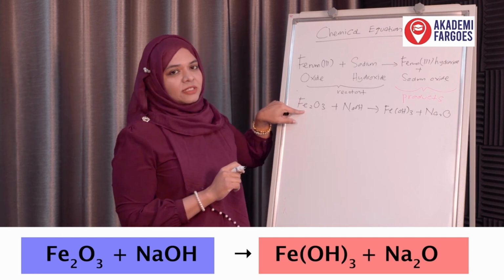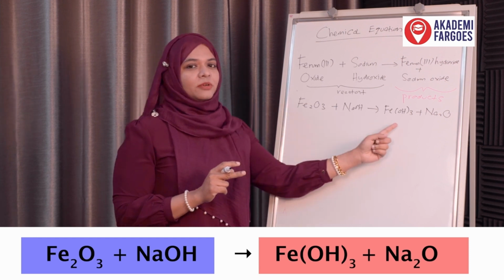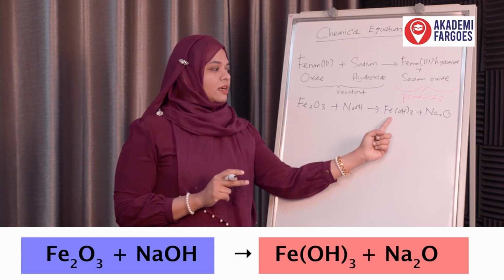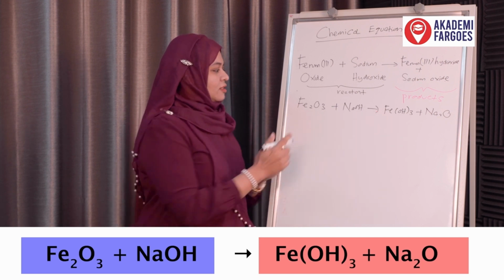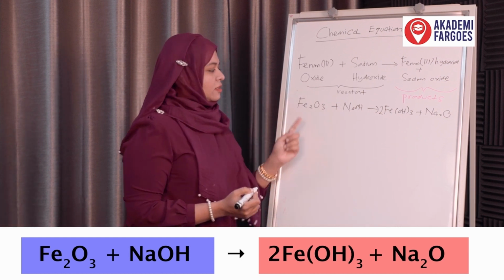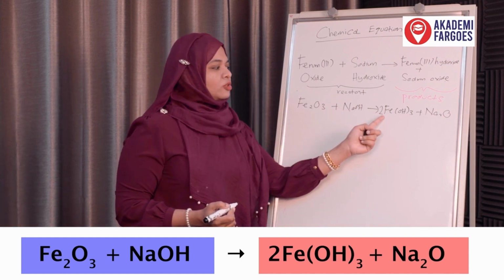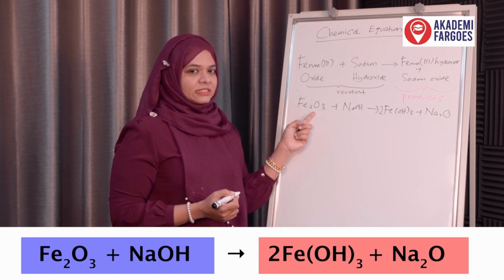How many number of atoms of ferrum? 2 on the left. How many number of atoms of ferrum for the right? 1. So we need to put 2 here. 2 ferrum, 2 ferrum. So done. Now oxygen.